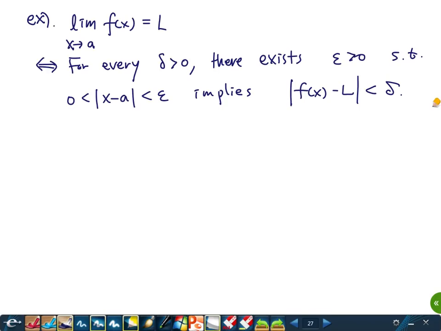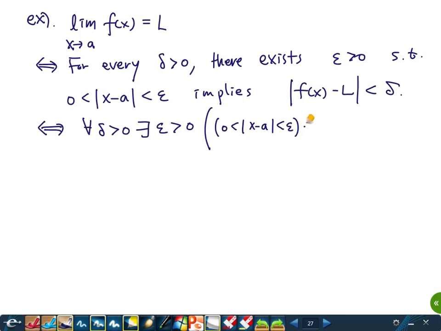Do you think this is natural? Very strange. But let me rewrite this using quantifiers. This means for every delta positive, there exists epsilon. So this is kind of nested quantifiers. We have this 0 less than |x minus a| less than epsilon implies this.